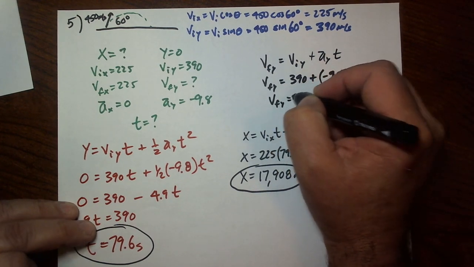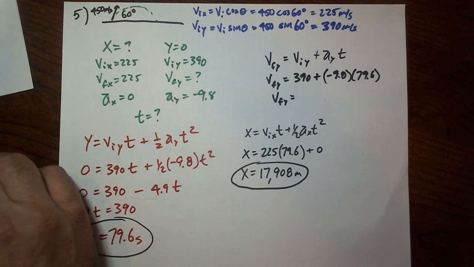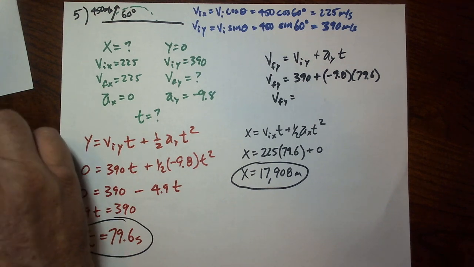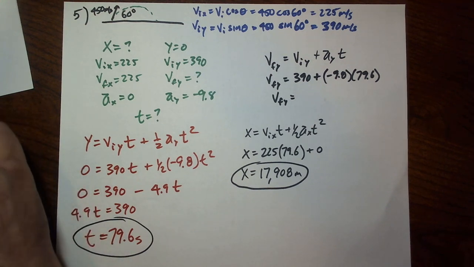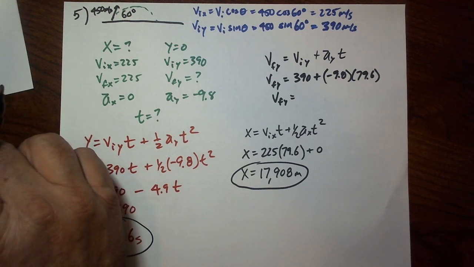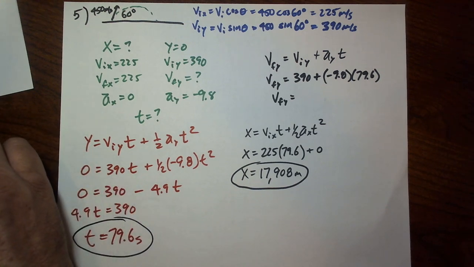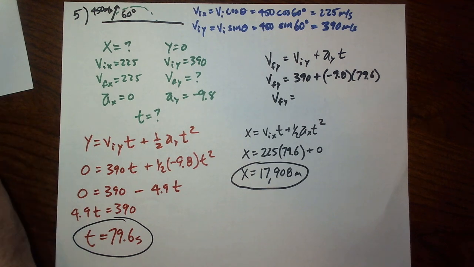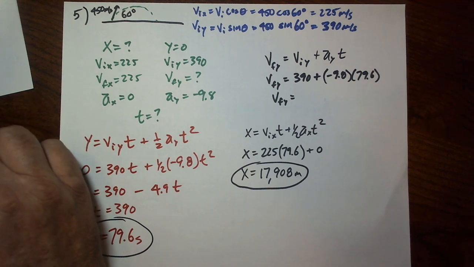Let's see, let's do the 9.8 times 79.6. And so we're going to have 390 minus that last answer.